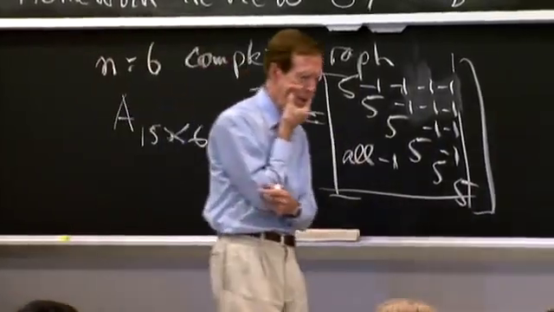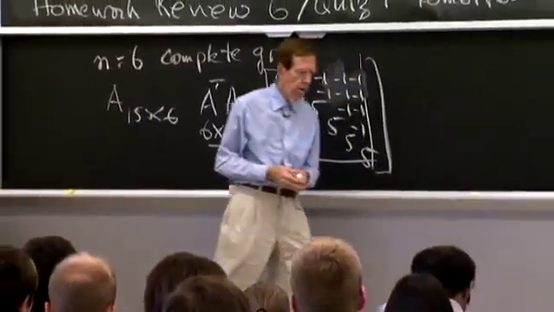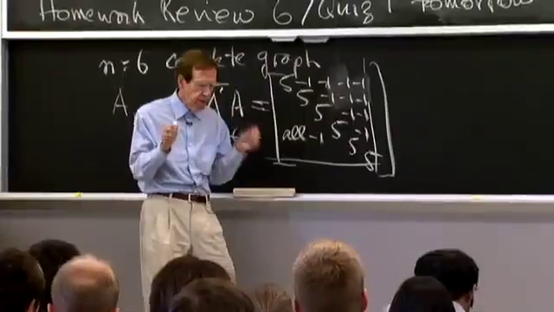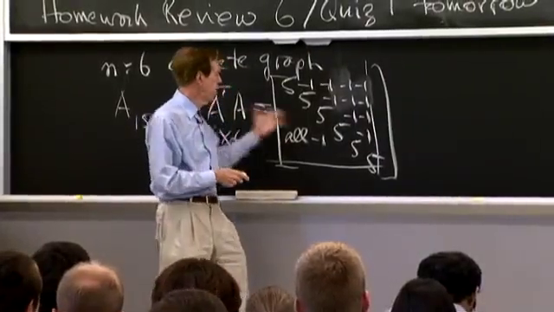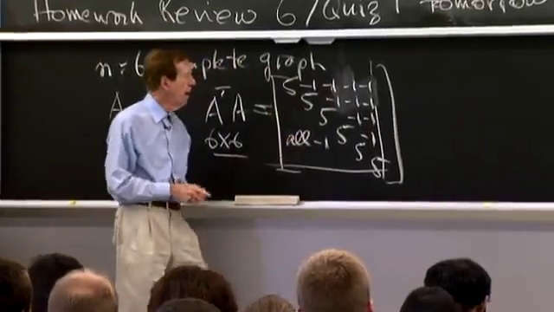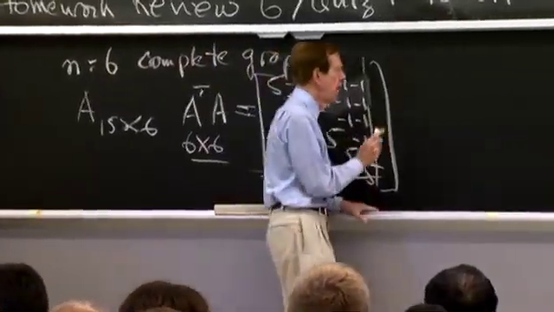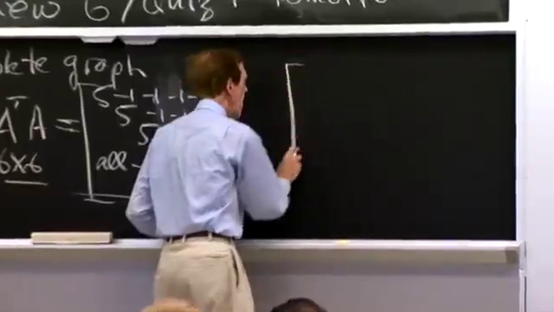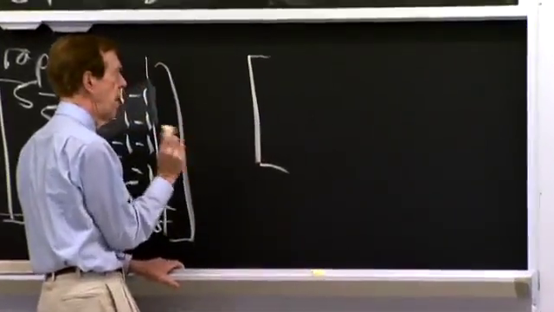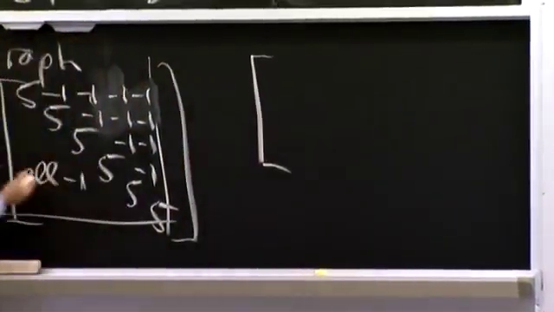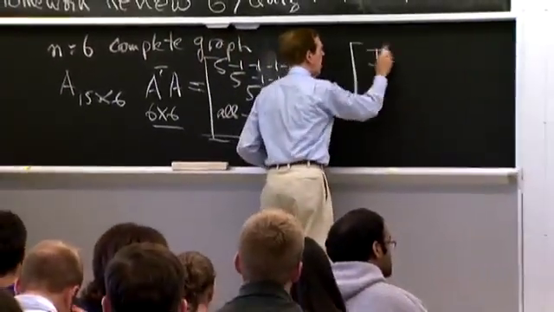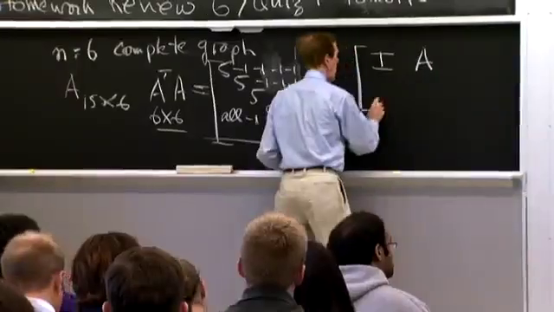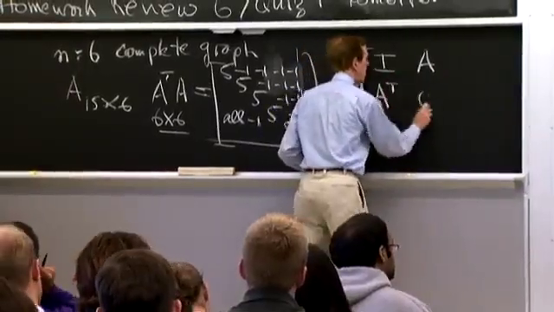So that's where the last lecture, Friday, brought us to this point. And I'll take this chance to add in the block matrix just because I think of it as quite important. So for this case, C is the identity. So I would have the identity up in that block, A in that block, A transpose in this block.